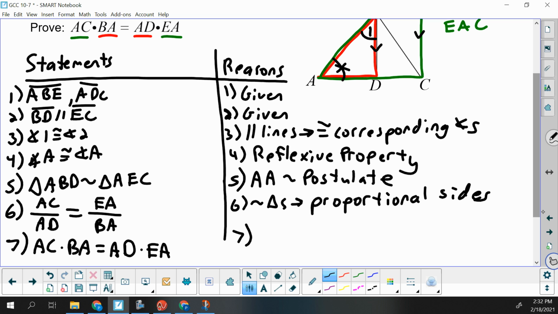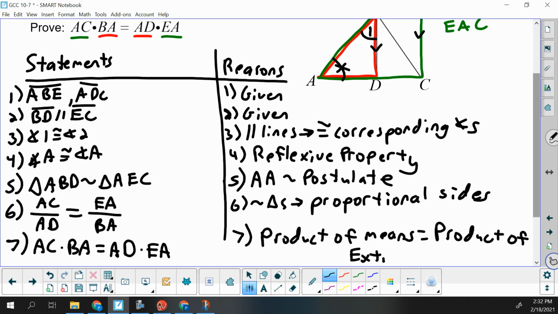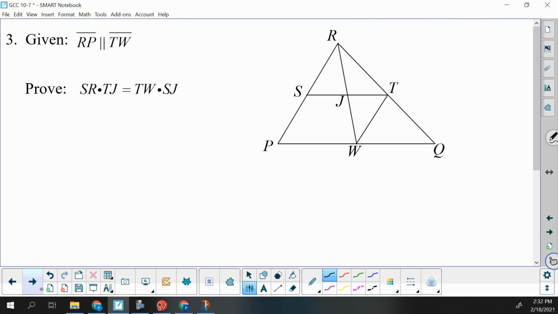And our reason is product of means equals product of extremes. Moving down to the bottom, number 3, take a minute, do your statements and reasons and given.